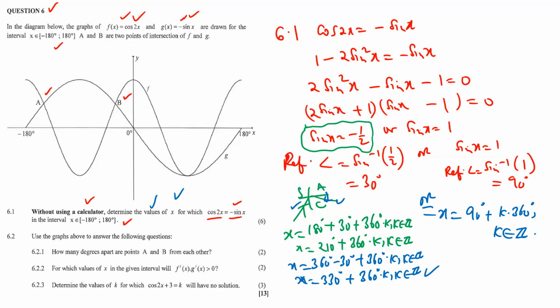Okay, but these are general solutions. So we need to continue and simplify these because we need specific values. So we continue. What are the specific values? Minus 150.